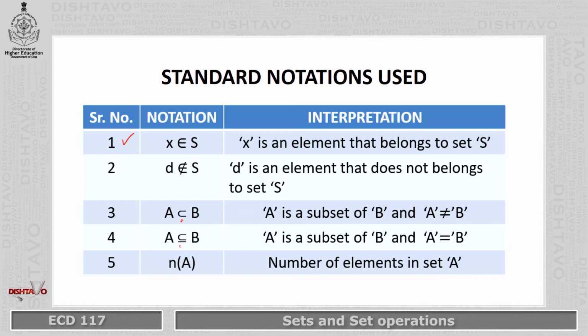The fifth one is n of A, basically telling you that it is the number of elements present in set A.